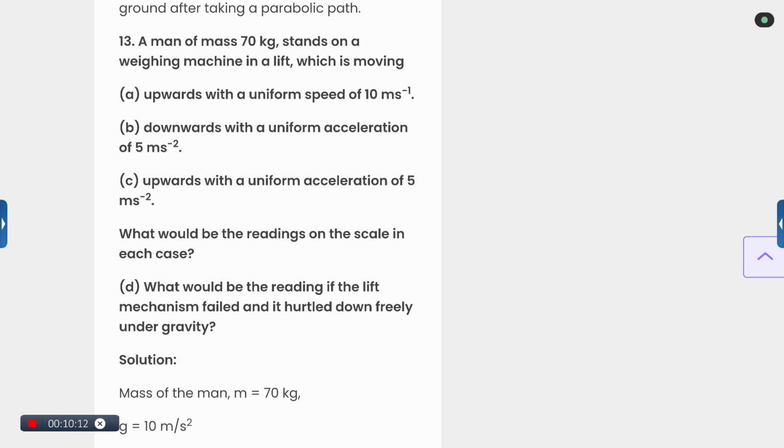What would be the readings on the scale in each case? It's a very good question. What would be the reading if the lift mechanism failed and it fell down freely under gravity? You check your textbook. This question is there.